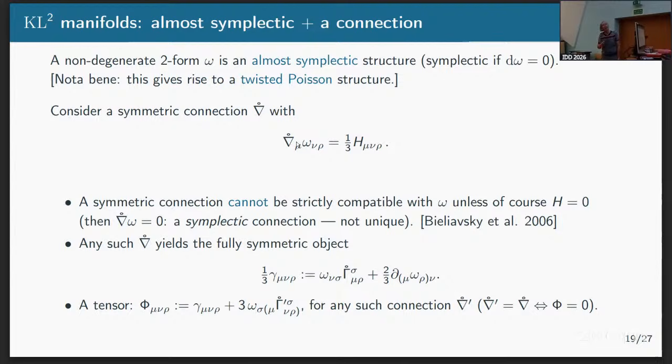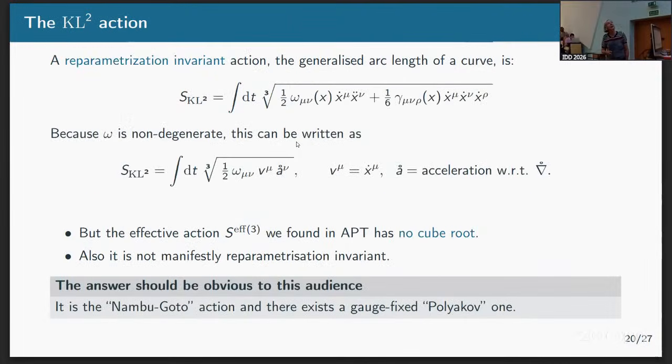We can, however, any such connection will define you a fully symmetric object, gamma, given like this, and this will also give you a covariantization of this gamma function with this connection coefficient, such that you get this symmetric three tensor, which parameterizes your freedom of finding a connection which is compatible or not compatible with symplectic or almost symplectic structure.